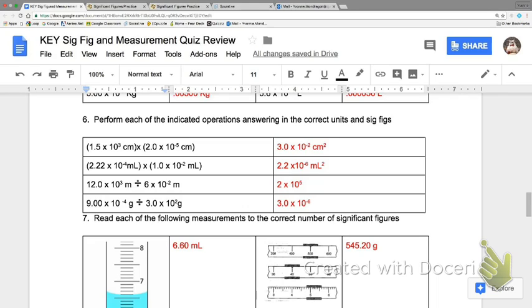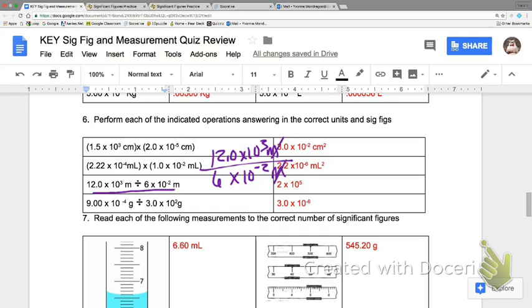Let's look at dividing. We've got 12, and if it's hard for you to see this way, you can write it this way: 12.0 times 10 to the 3rd meters over 6 times 10 to the negative 2nd meters. When dividing, we have these units, meters over meters, and those cancel out. When you're dividing with units that are the same, you end up with something that has no units because they canceled.